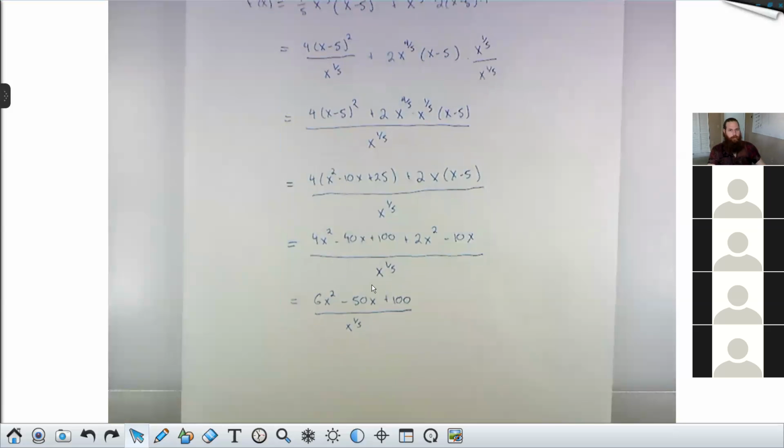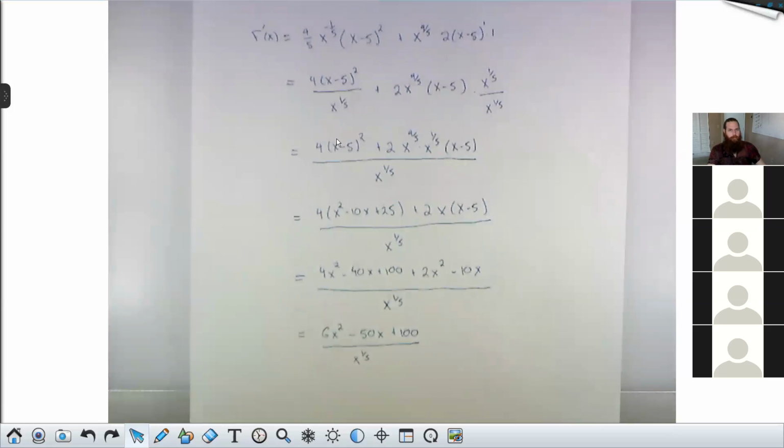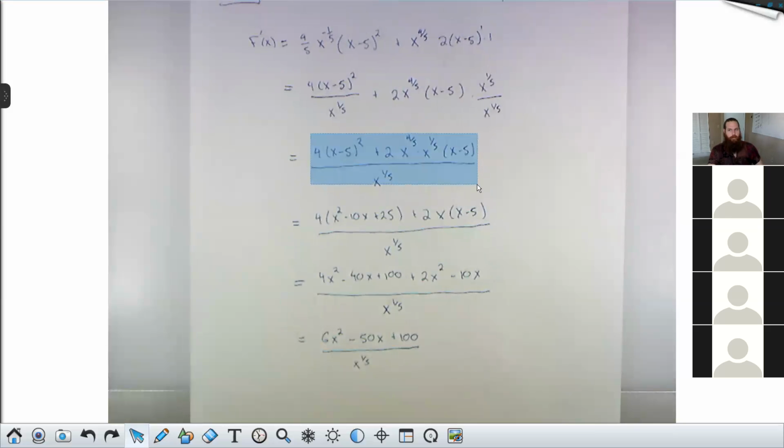How did you get to that second step? How did I get here? From here to here, I just took this x to the negative 1/5 and moved it downstairs because that power was negative. So he really belonged downstairs.